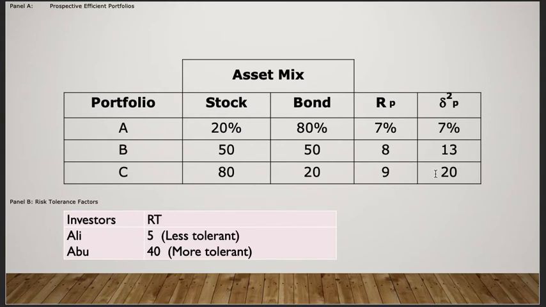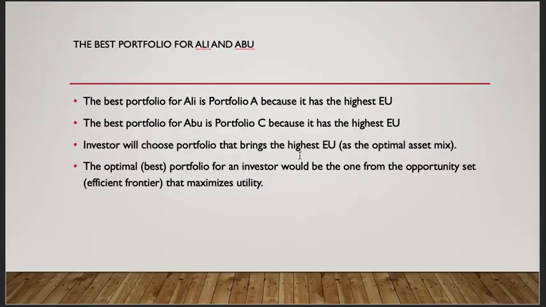But this one is suitable for Abu because Abu has an RT of 40, which is more tolerant toward risk. So that's why the best portfolio for Abu is portfolio C, because it has the highest expected utility. An investor will choose the portfolio that brings the highest EU, as the optimal asset mix.